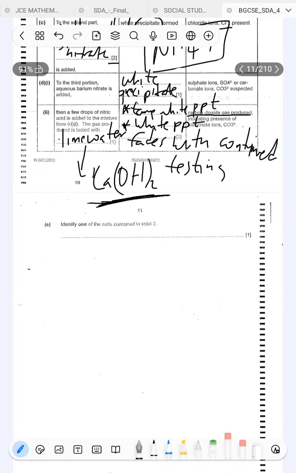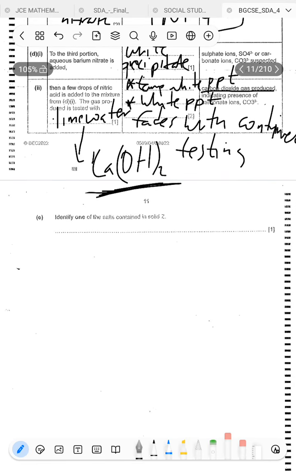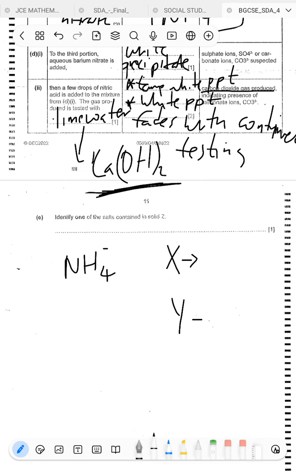All right, I think this is going to be our final answer question. Identify one of the salts contained in solid Z. So remember we said the positively charged ion in all of the salts is going to be NH4 plus. And then we had X, Y, unknown negatively charged ions.